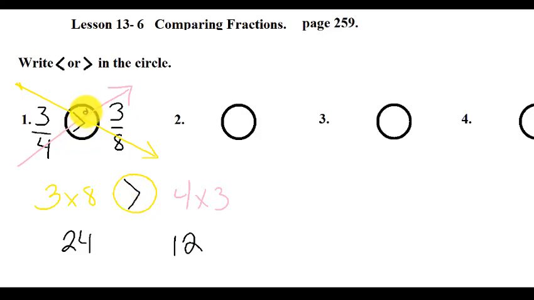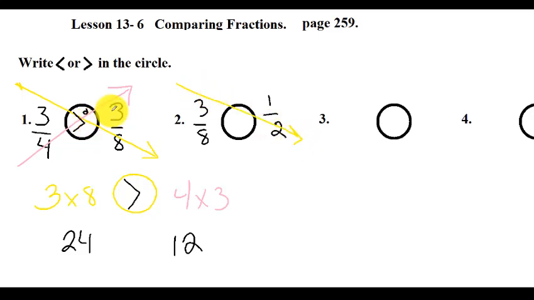Okay, let's do the same for the next number. Example number 2 is 3/8 and 1/2. Okay, if you use the cross product like this, 3 times 2 is 6.